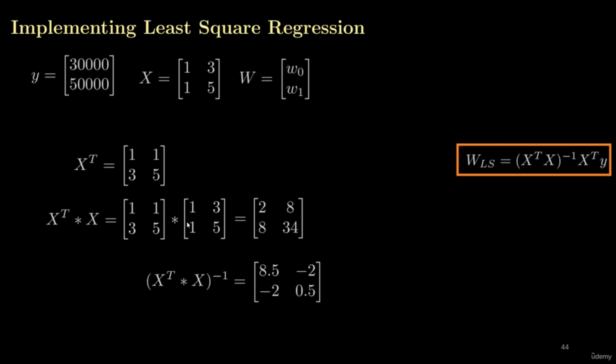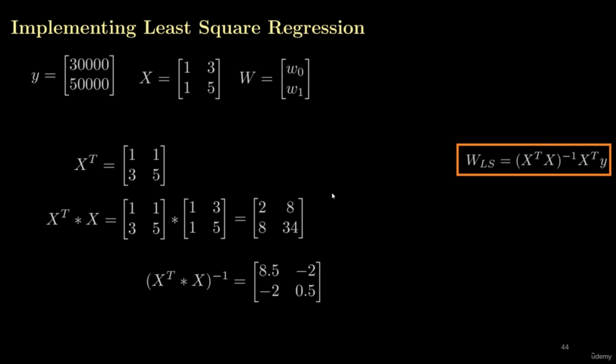Then this will be multiplied by this. And then we have to add. That's why 1 times 1 is 1, 1 times 1 is 1, and when we add, we will get 2. Similarly, this one will multiply with 3, and then this one will multiply by 5. Then we will add them and we will get 84. So similarly, the multiplication of X transpose and X will result in this matrix.